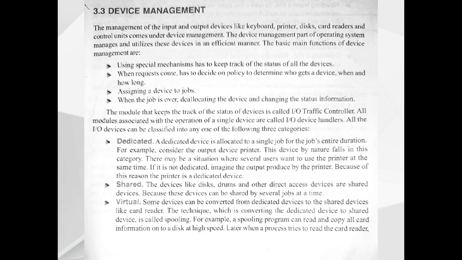Under device management, it is written there: the management of the input and output devices like keyboard, printer, disk, card readers, and control units comes under device management. The peripheral devices, the hardware devices that are attached to your computer, are handled along with the CPU and the main memory.